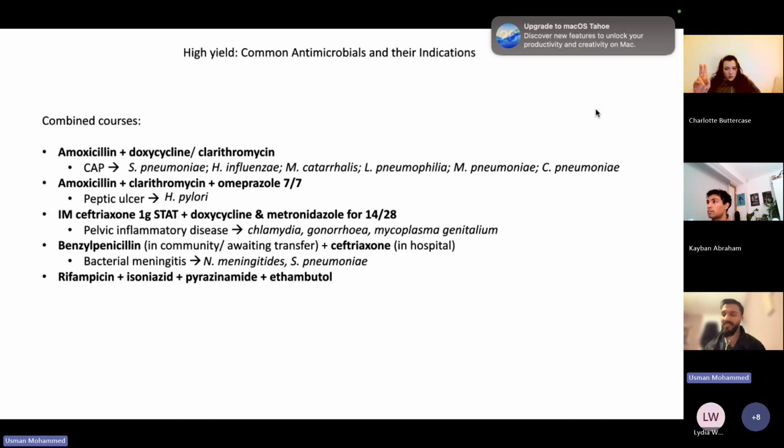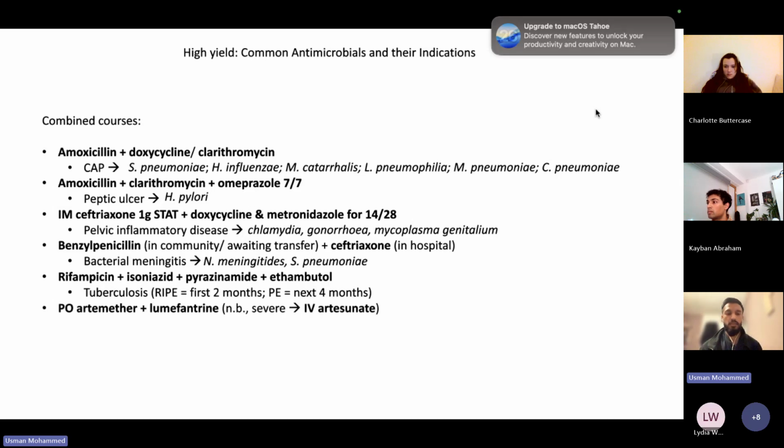I think it's the other way around. I believe it's pyrazinamide and ethambutol for... oh yeah, so first 2 months is rifampicin and isoniazid, yeah, that's right, and then the subsequent 4 months is pyrazinamide and ethambutol. Yep. This was covered literally in the last one.